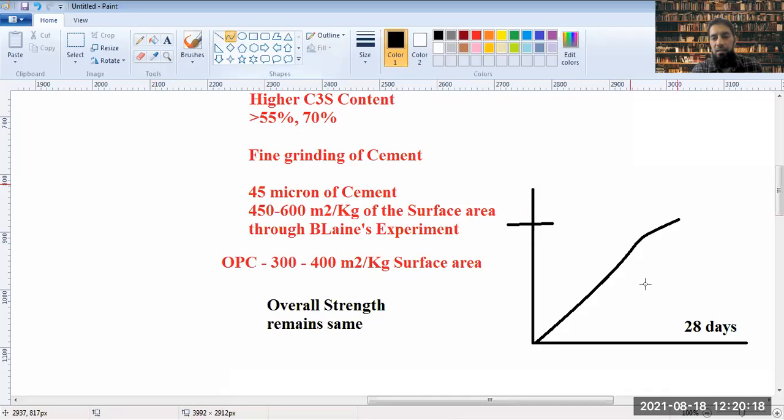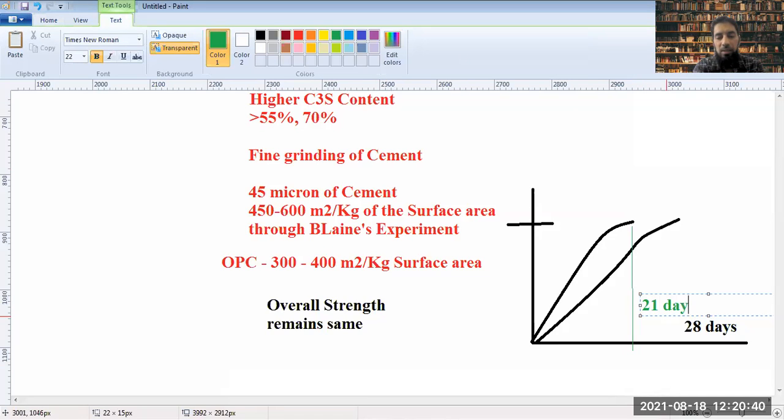Now, in case of the rapid hardening cement, the same amount of strength would be achieved much more quickly, before that particular time. Somewhere here, you are getting the same amount of strength even before 28 days. For example, at 21 days, it's being achieved.